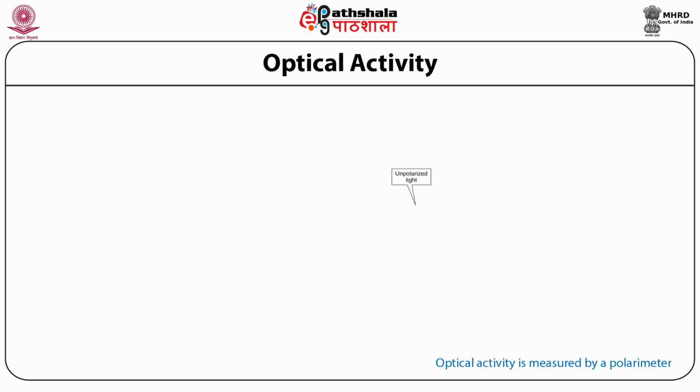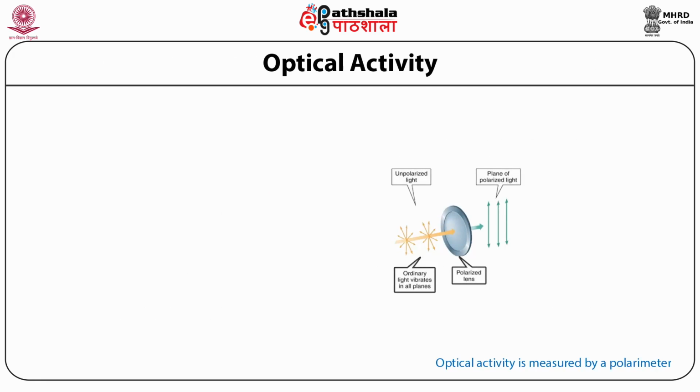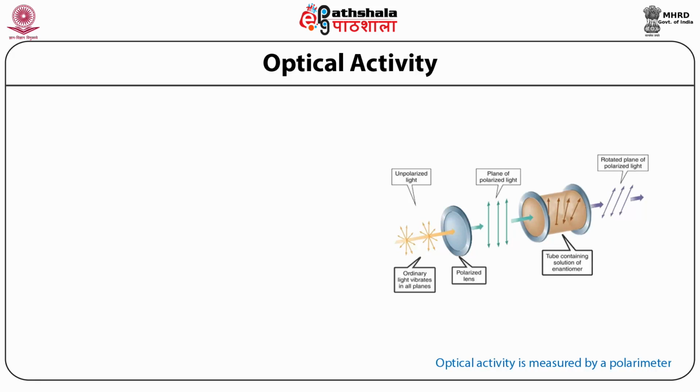I have been using this term optically active isomers, and we have now defined enantiomers as those compounds that are optically active and are mirror images of each other. So what does this optical activity basically mean? And how is this optical activity measured?